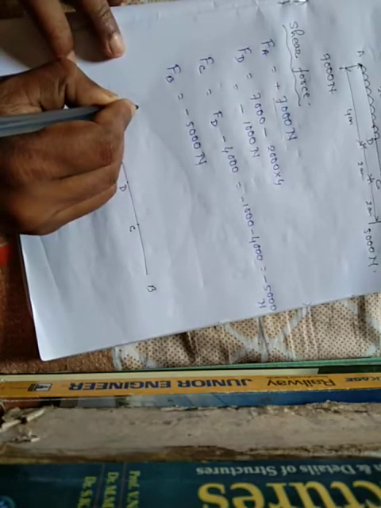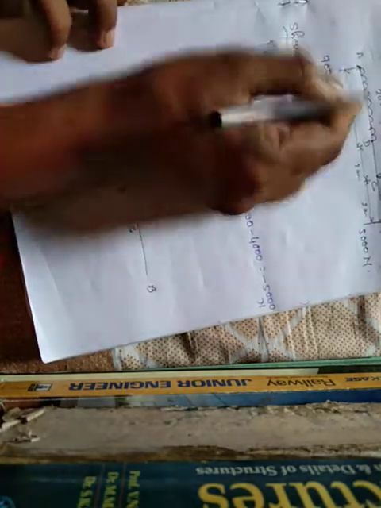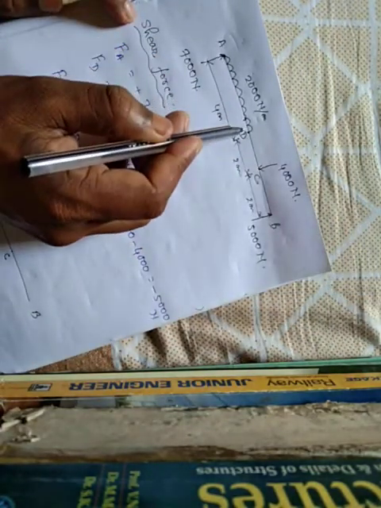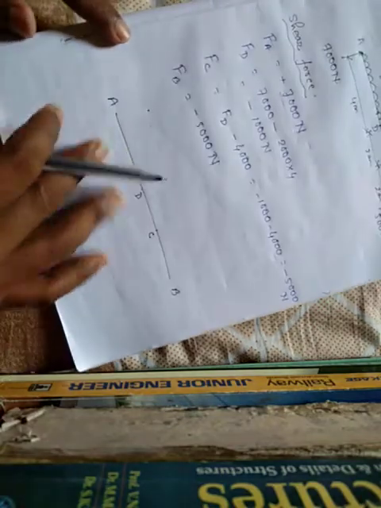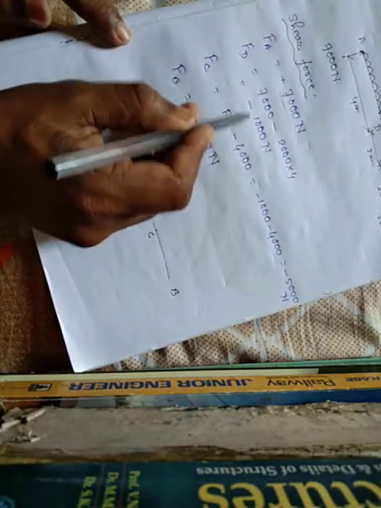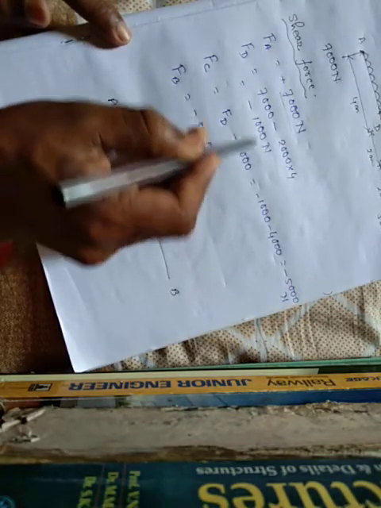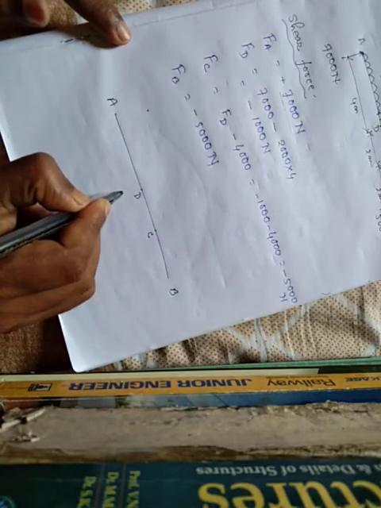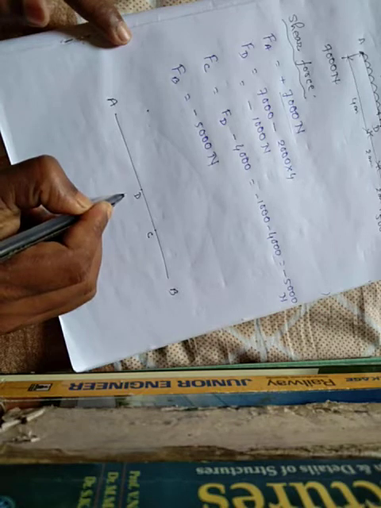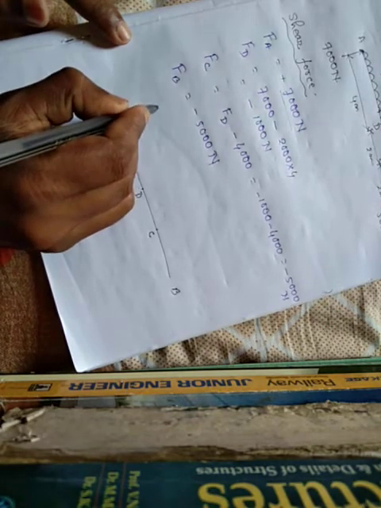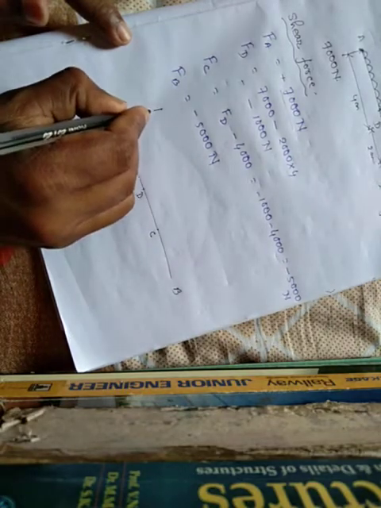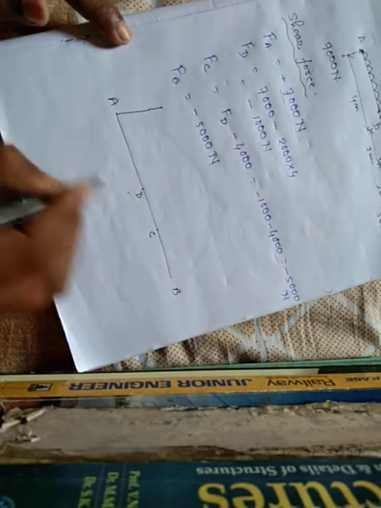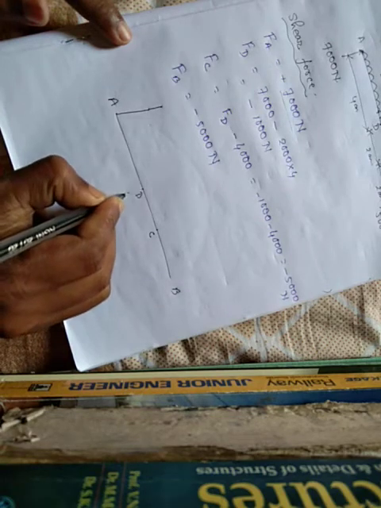This is 7000 Newton. For uniform distributed load, the shape of the shear force diagram will be linear. Now shear force at point D is minus 1000. This is 7000, and this is 1000.